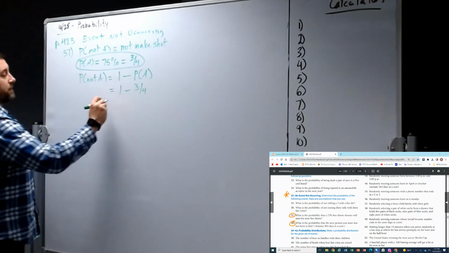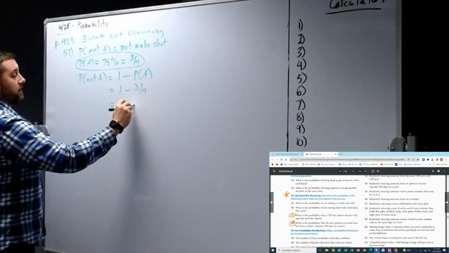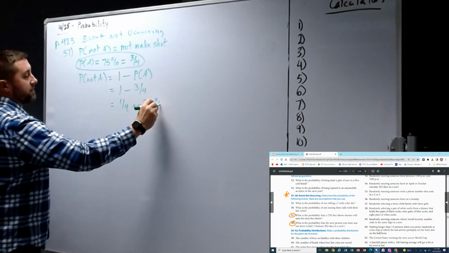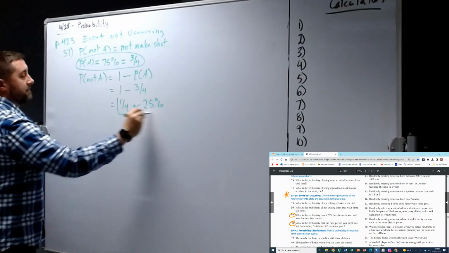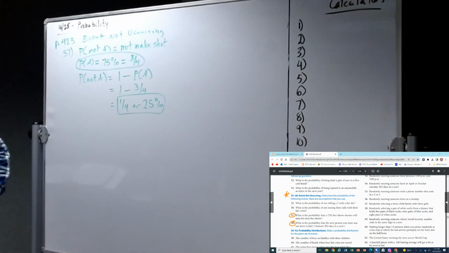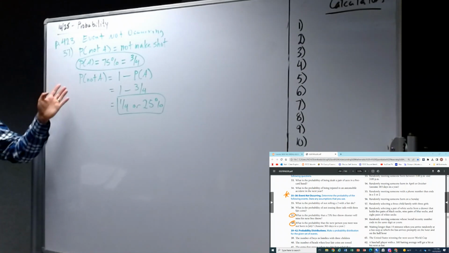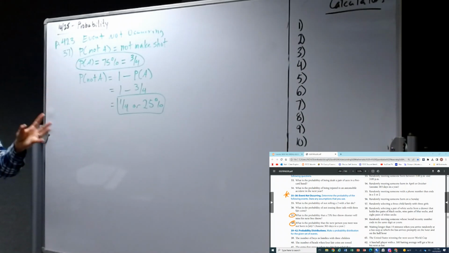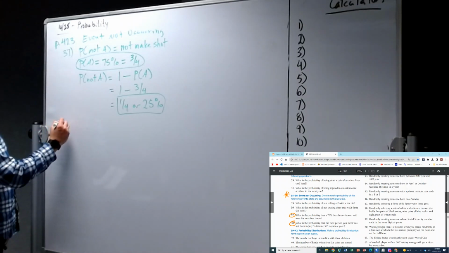So 1 minus 3/4 is 1/4, or 25% of missing it. Now, like I said, I get it. Didn't need to take this one that far. This one was pretty easy, right? Folks have worked with 75% for years. They pretty much know everything about it. But I used it to show you where everything went in the formula. All right, so wrap that one up, and let's do 38.